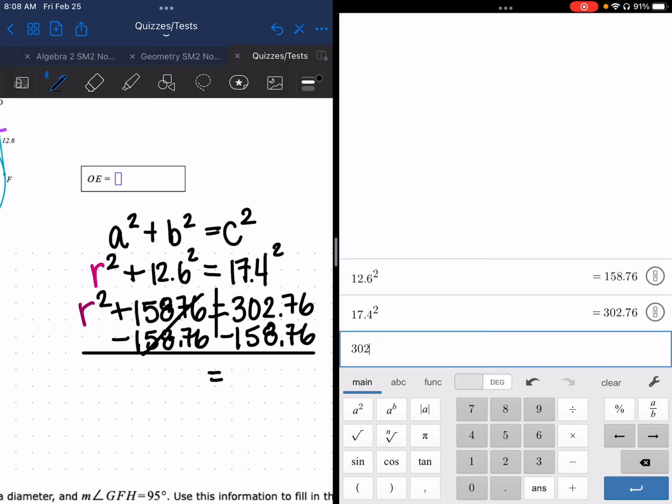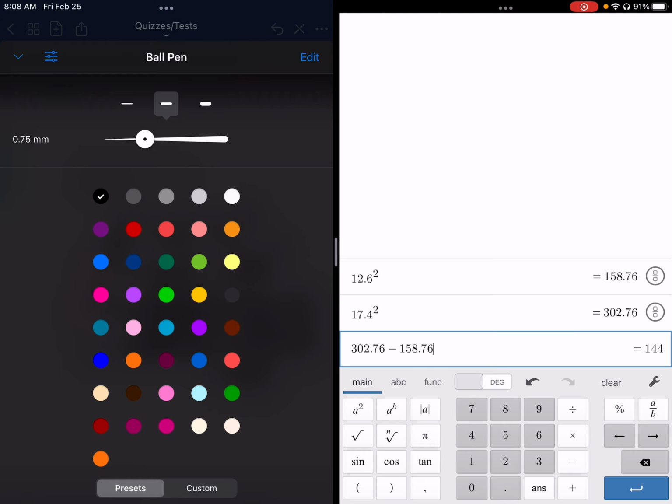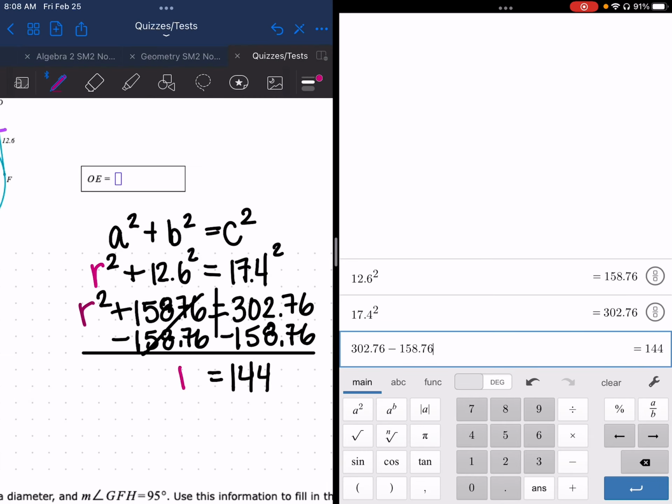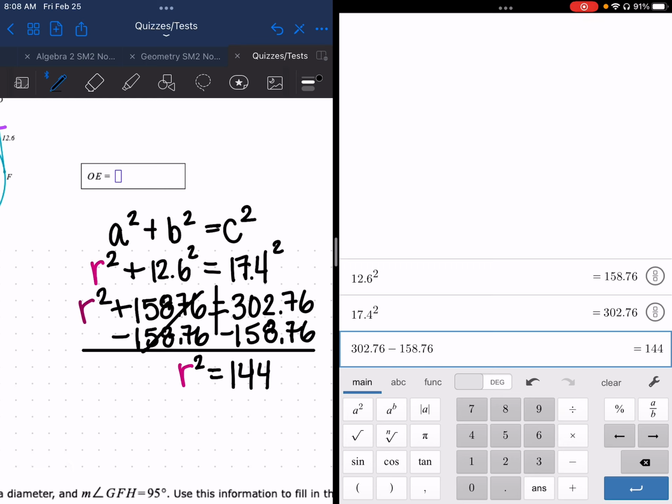So let me put that in and let's figure out what we got. There we go. I got 144. I can use my calculator one last time if I need to. Let me pick that right color for R. There we go. And to remember to get rid of the square, I'm going to go ahead and take the square root of both sides.